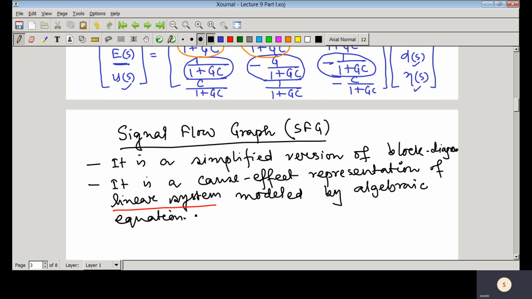When a linear system is modeled by algebraic equations, then you can represent it using a signal flow graph. And you all know that whenever a dynamical system is modeled by a differential equation, just by taking the Laplace transform, you can bring that framework into algebraic form. Then you can apply the signal flow graph. And it was introduced by S.J. Mason.